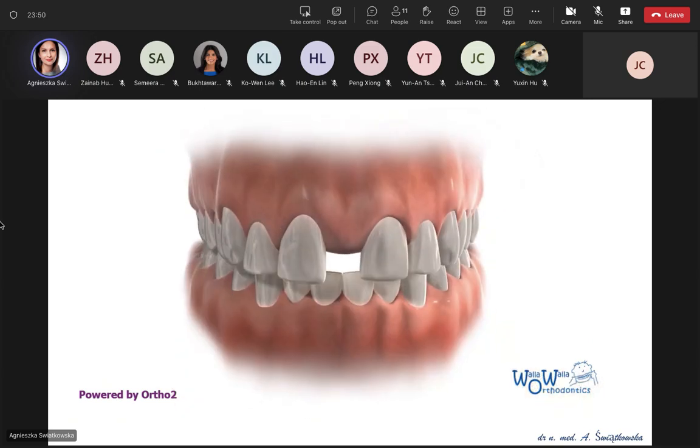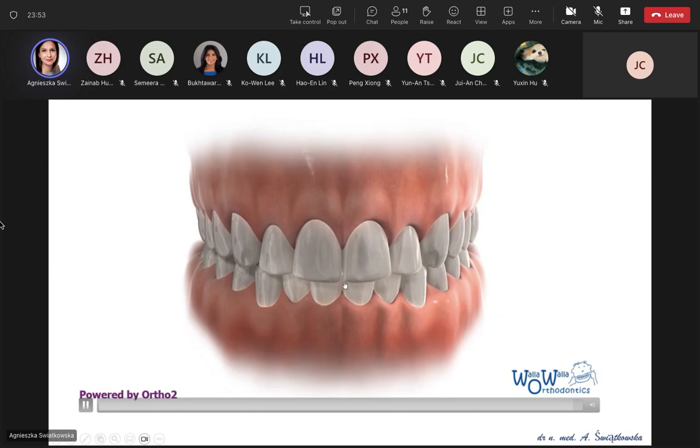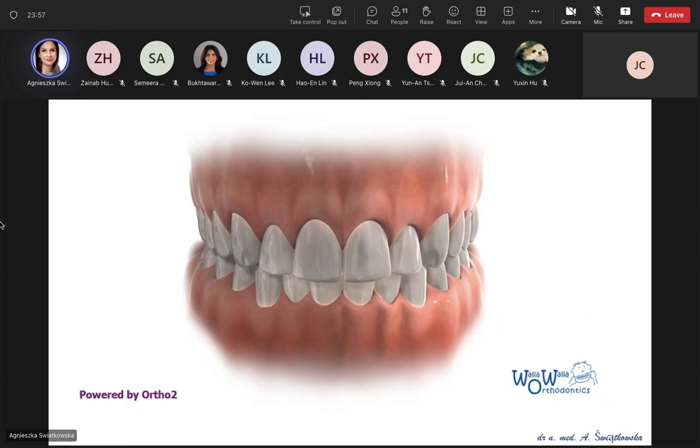You see that after activation we have a huge diastema, and this diastema usually closes after a few days. So if we see clinically the diastema, it's very good information for us because it means that the palatal suture is open correctly.